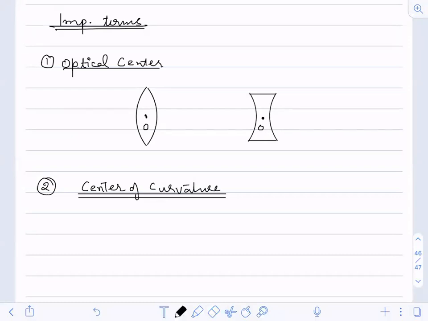Let me define it, then you will have better clarity. The center of curvature is the center point of the sphere out of which we have made our lens. So the center of curvature of a lens is the center of the sphere of which our lens is a part.